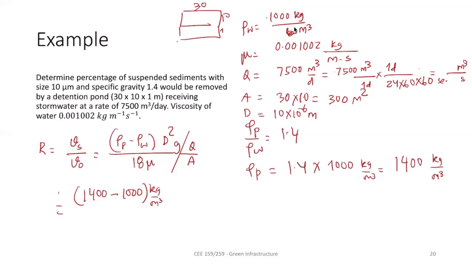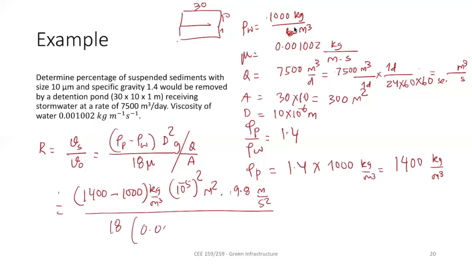That's 10 to the minus 5, so 10 to the minus 5 square meter square, times g. G is acceleration due to gravity, 9.8 meter per second square, divided by 18 times mu. Mu is 0.001002 kg per meter per second.